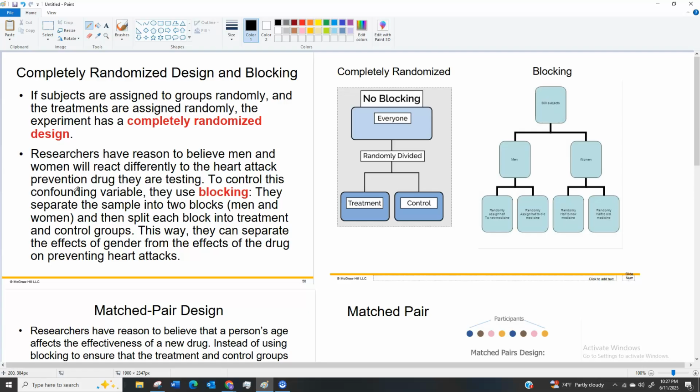To control this confounding variable, whether you're a man or a woman, they decide to block the group. Before they split them, they separate them into men and women, and then they randomly assign each block to the medication or the placebo, or the new and the old. So there are 2 separate blocks before you do the randomization.